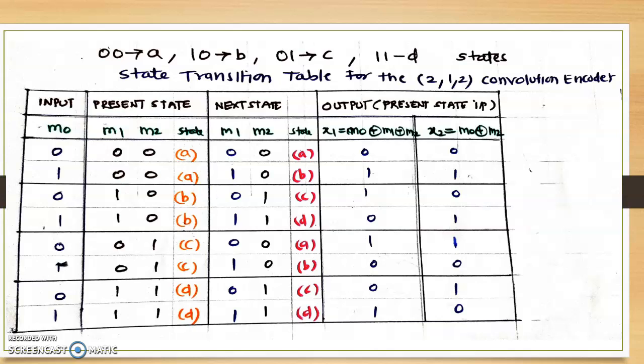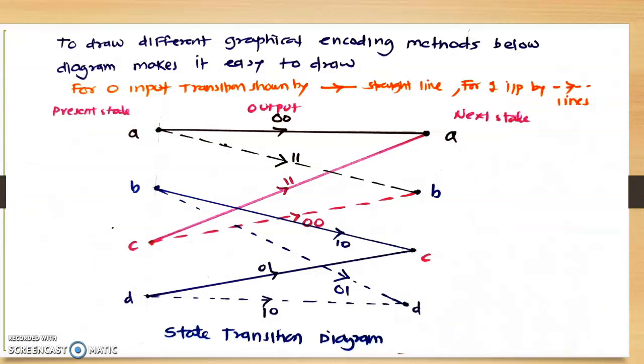Now to draw the different graphical encoding methods, we require the following diagram, which is a very important one. The same diagram is required for drawing the Code Tree diagram, the Trellis diagram, as well as the Viterbi decoding diagram, and that diagram is called the state transition diagram.